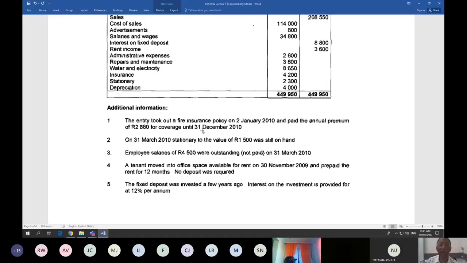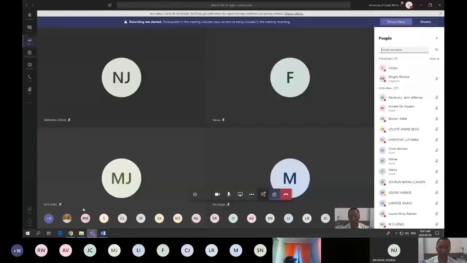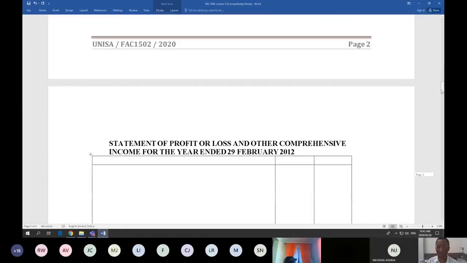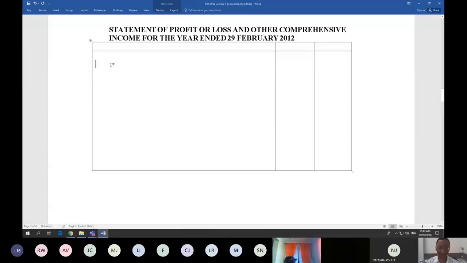Because even though you paid for 12 months, only January and February and March is a payment within this financial year. The other payments, guys, is for the next financial year. And therefore, the insurance will now fall in the category of prepaid expenses. That is prepaid expenses. So if you are going to record that now, let me just quickly show you the calculation there for your prepaid expenses.